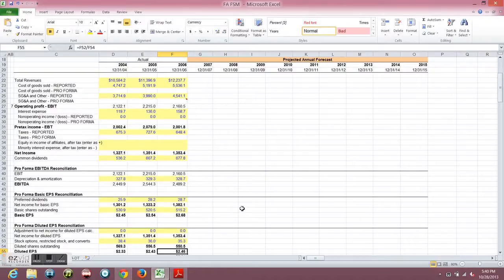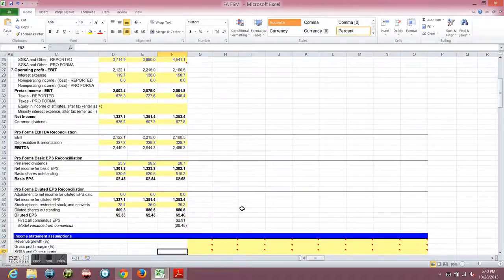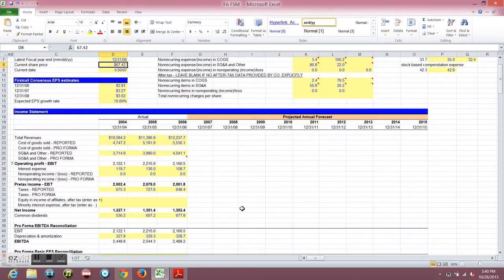So before we get into that, how do we notice that we have non-recurring items? Well, when I took this number, our first consensus EPS, which I referred all the way from our consensus estimate sheet, these are what analysts said the consensus estimate is.